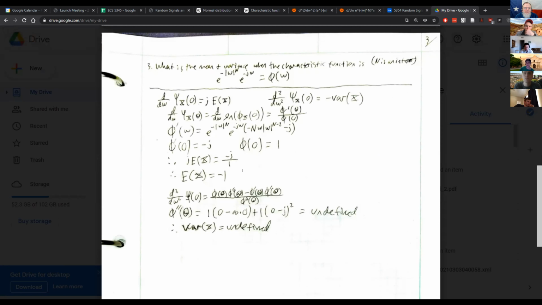Okay, there's one problem here, and that is in your derivative of the characteristic function. Your derivative of the characteristic function, if you were to plot it out, literally has a discontinuity at the origin, right? I guess he has an absolute value there, yeah?